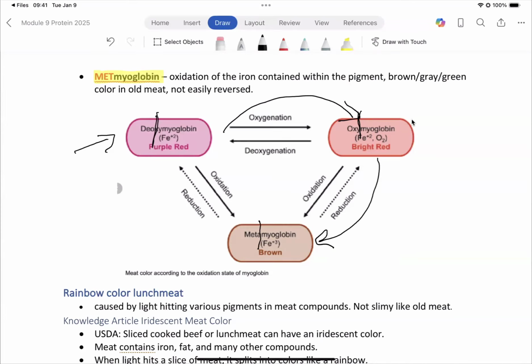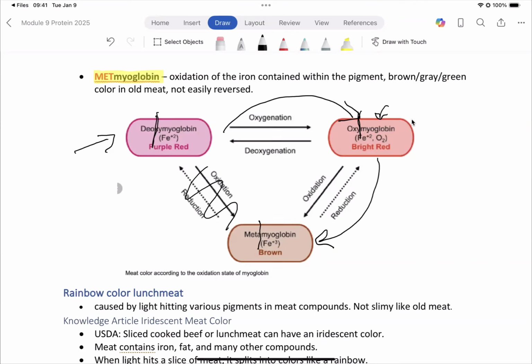Okay, so there's 3 stages. The myoglobin itself does not change. It becomes oxygenated, turns red, and as it ages, it turns brown. It's called metmyoglobin. This part here, they show it as it can go back to purple.